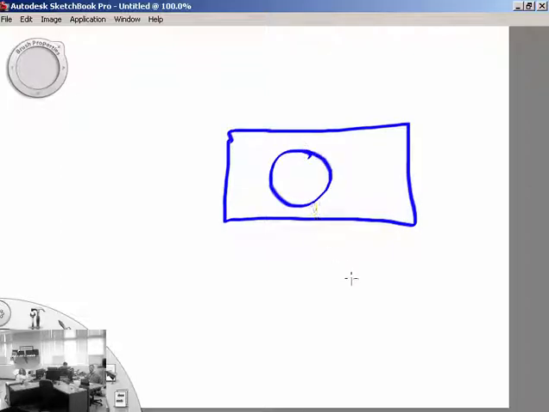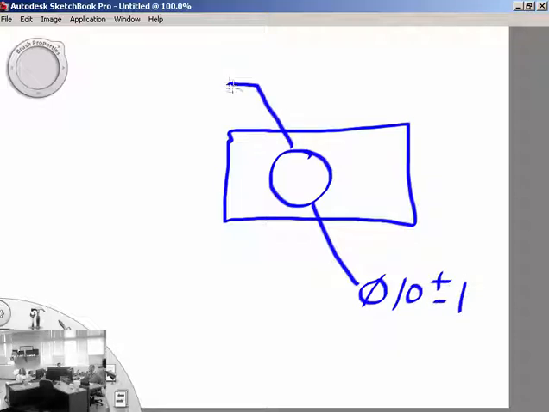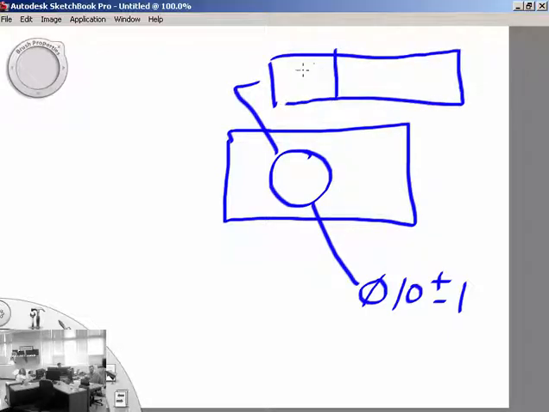Here's a hole being drilled in place, and let's say its diameter is 10 plus or minus 1. And I give a feature control frame right here that says position tolerance and diameter, I don't know, diameter 2, and it's got an M in it. Okay? What does that mean?